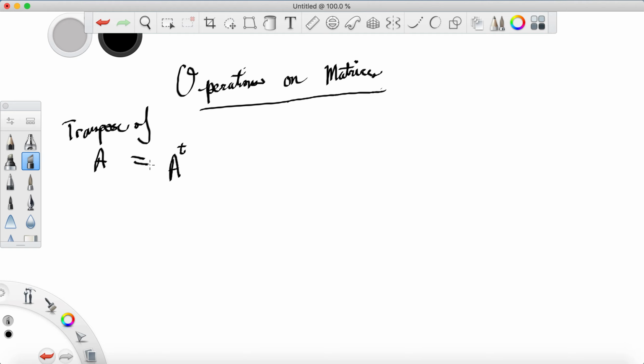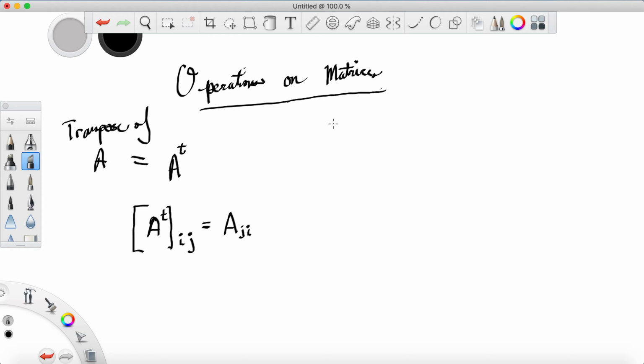Okay, so how do we define this? Well, if I were to define it pointwise, I would just say that the i,j position of this transposed matrix is just the j,i position of the original matrix.